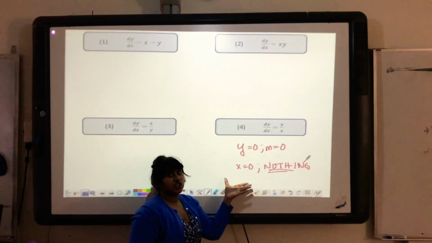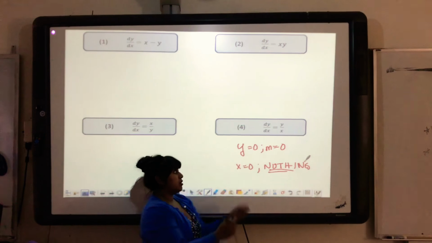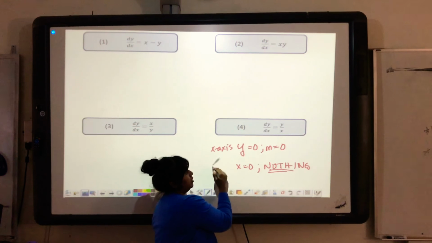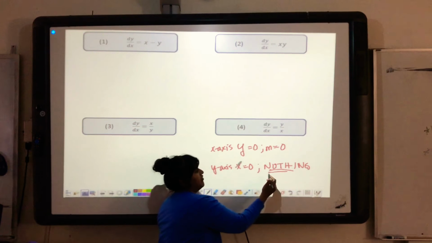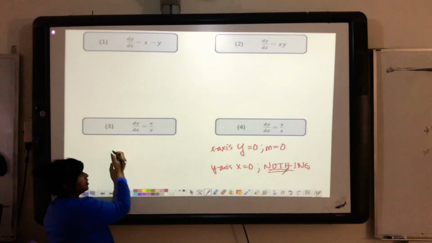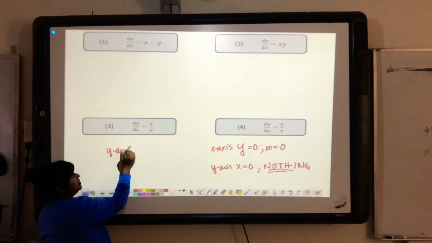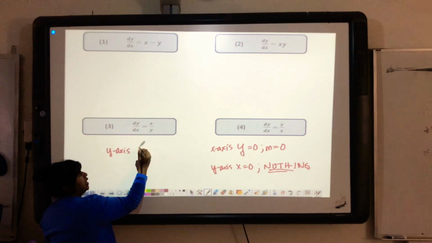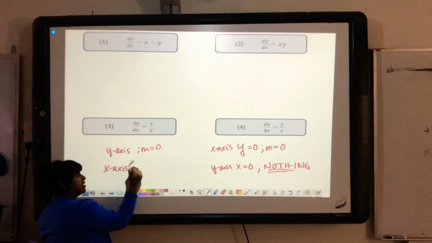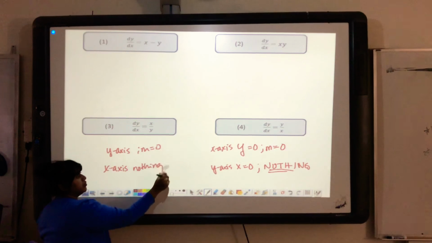So whatever graph matches this, when all along the x-axis, I should have slopes of 0, and all along the y-axis, I should have nothing. So if I find a graph that matches that, I did my job. Okay, same with over here. All along the y-axis, because x equals 0 now, my slope should be 0, and all along the x-axis, I should have nothing. This is my clue.